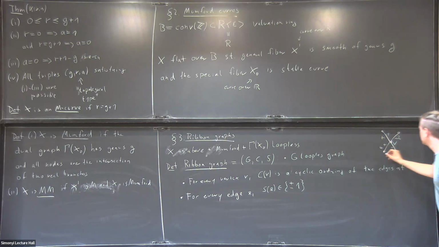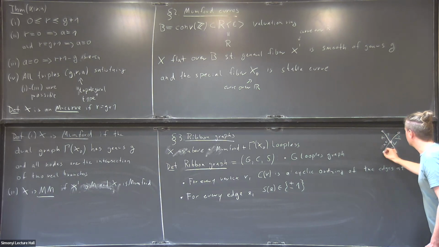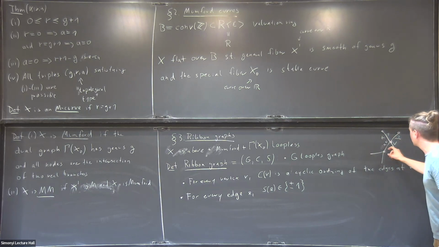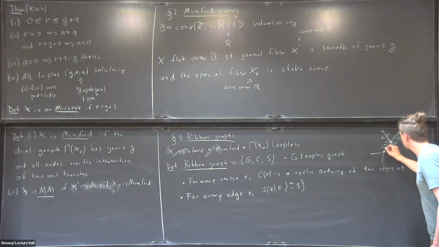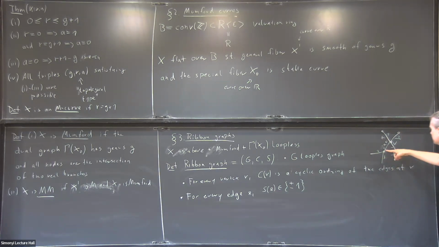Something like this, and if at this vertex we also give a cyclic ordering, these numbers do not necessarily agree.